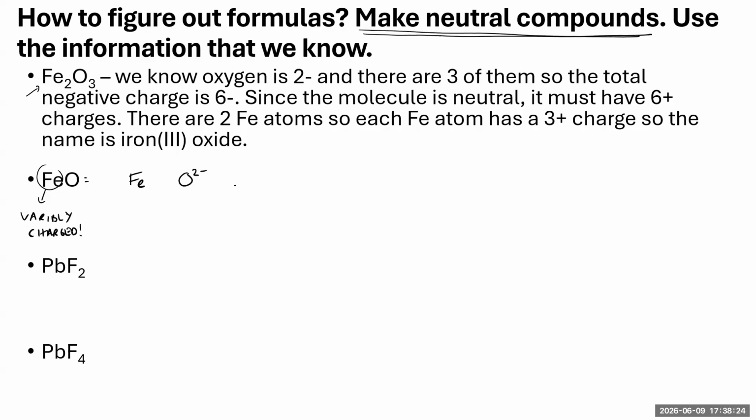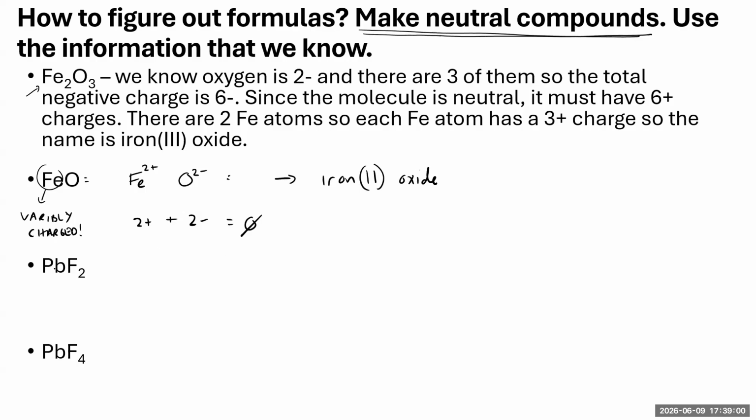So because it's variably charged, it might be +2, +3, +4, +5, +6. We don't know. But since we know 2 minus, and the total charges have to add up to 0, we have to have a 2 plus and a 2 minus. So this becomes iron 2 plus. So this is called iron 2 oxide.